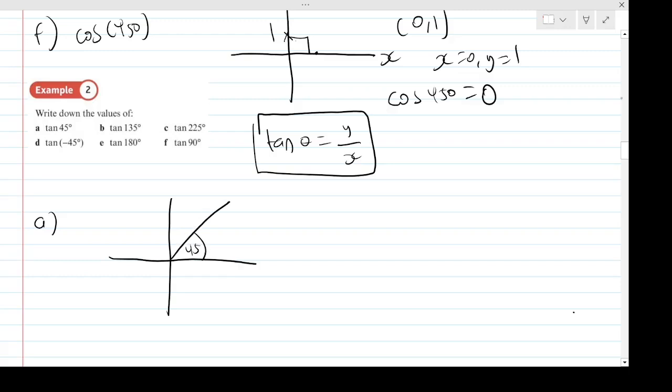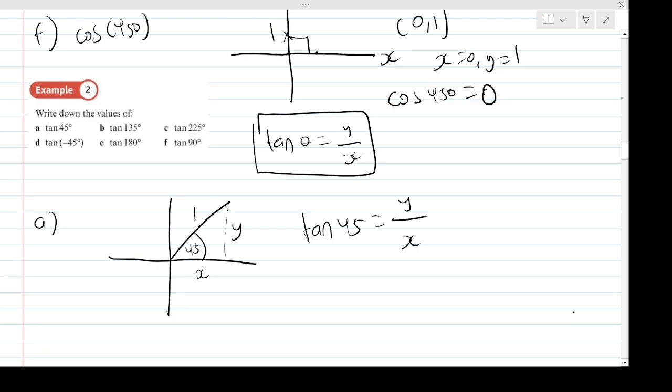So again, this will be the x coordinate, and that'll be the y part. And again, that'll be a radius of 1. The hypotenuse will be 1. Now, the tan of 45 then is going to be the y coordinate, which is the opposite, over the adjacent, which is the x coordinate. So our question is, how do we find the y and the x coordinate?